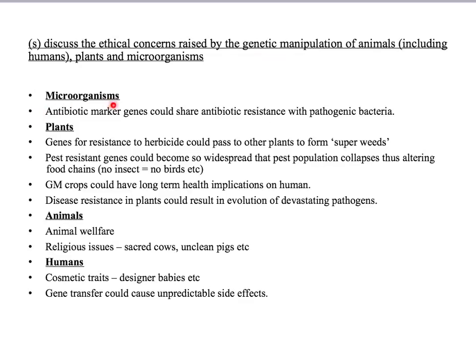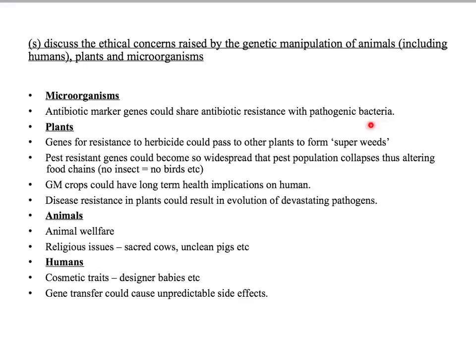In terms of genetically engineering microorganisms, one of the key concerns is that we used antibiotic marker genes. We transferred antibiotic marker genes from one organism to another. The problem is that these antibiotic marker genes in plasmids could be passed on through conjugation tubes to pathogenic bacteria.